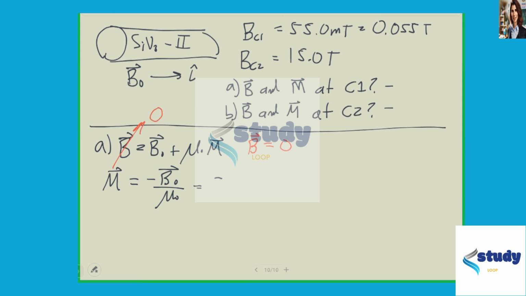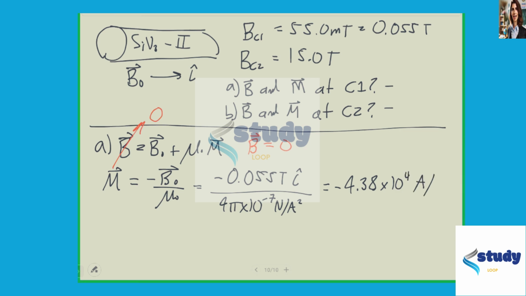So this is minus 0.055 Tesla I hat divided by 4 pi times 10 to the minus 7 newtons per ampere squared, which is minus 4.38 times 10 to the 4 amperes per meter I hat. So that's the magnetic field and the magnetization near the first critical temperature.